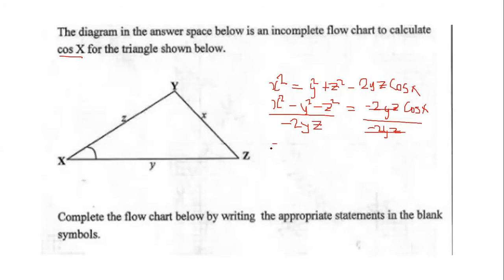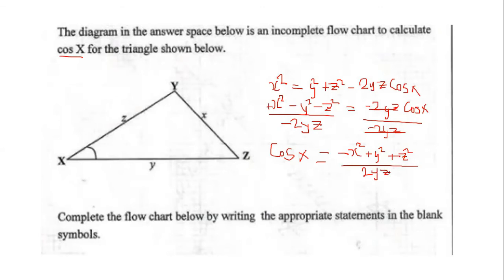Finally we are going to have cos x being equal to: negative divided by positive, we have negative x squared there; then negative times negative, we have plus y squared; and also negative and negative, we have plus z squared, over 2yz, since the negative down there has changed.